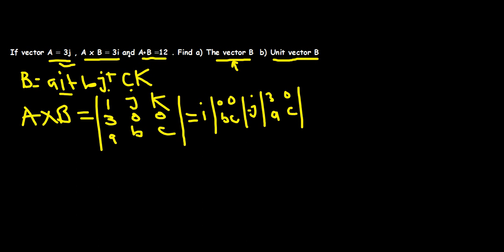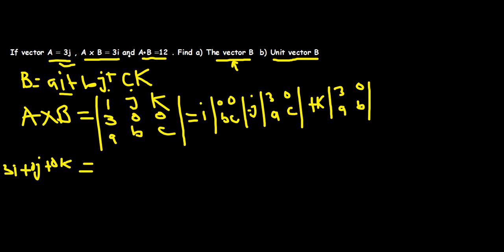And then k, if we cancel out the kth column and the first row, we remain with 3, a, 0, b. Remember, we have been given that this cross product is 3i, and 3i means 3i plus 0j plus 0k.